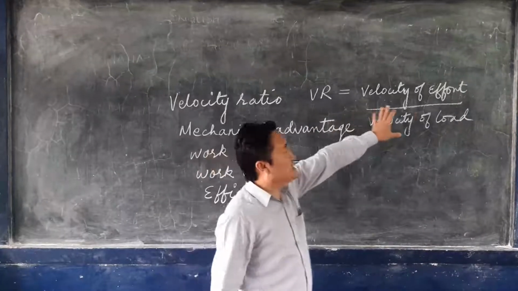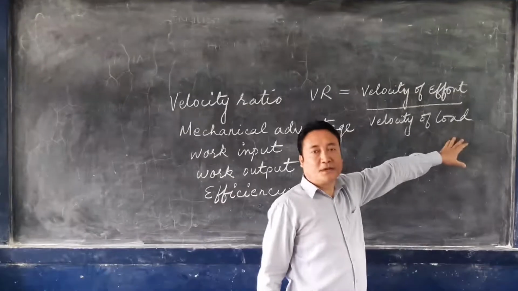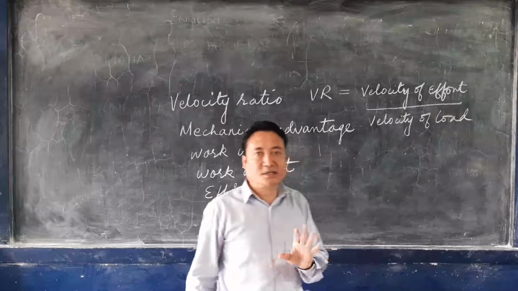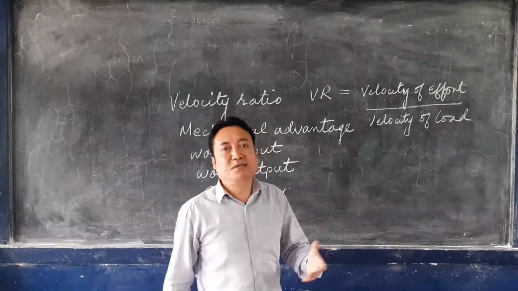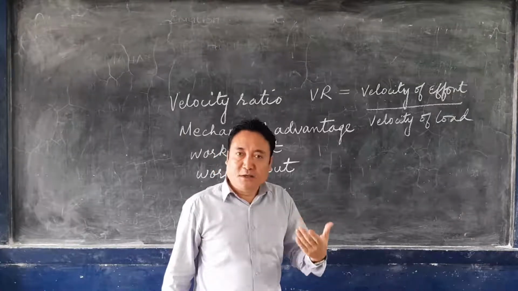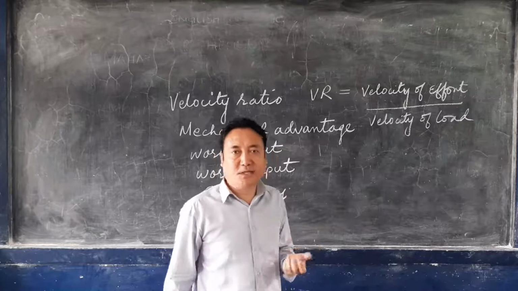Now this is a ratio of the same physical quantity, that is the load and effort. So therefore it does not have a unit. Since it is a ratio, it does not have any unit. Unit means like meter, centimeter, Newton, dyne, all the different physical quantities have a unit.